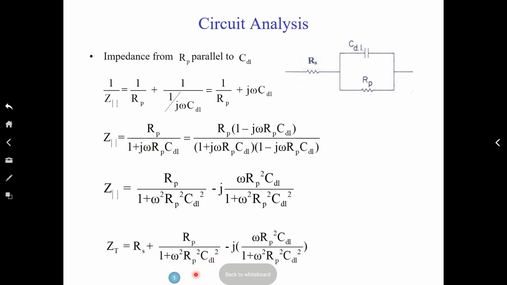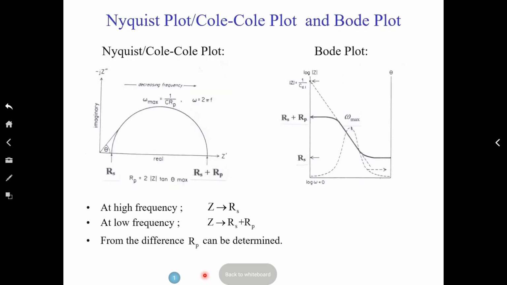Now you can see that on an impedance plot, this will look something like this. Your experimental data will lie along the perimeter of that semicircle, but the semicircle is shifted because this RS is connected in series with the RC circuit.